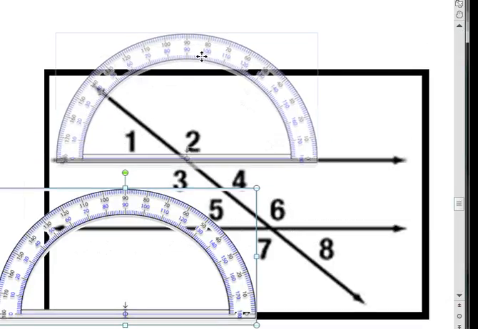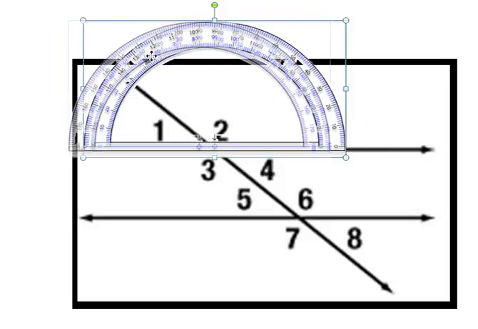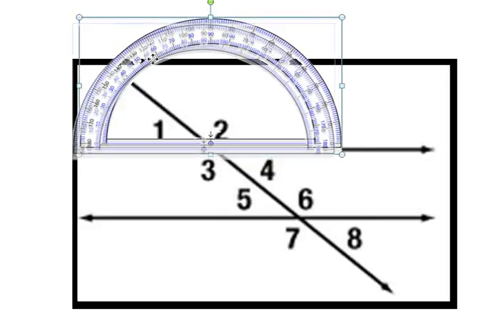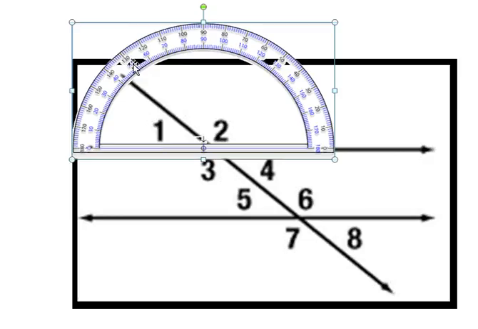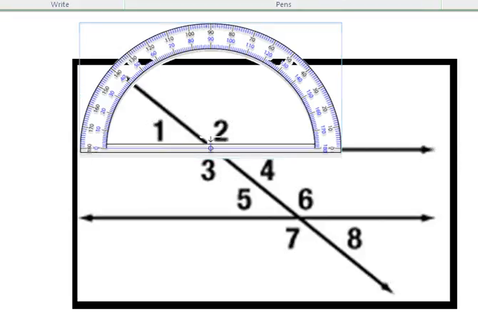Set my protractor up, and so if I set this protractor with the 0 along the line, with the protractor's line along this first parallel line, now if I start at 0, which I'm going to do here, and get a cool pen to work with me.